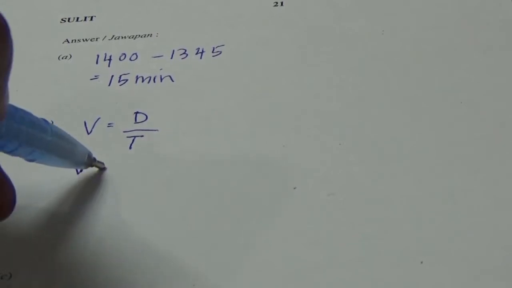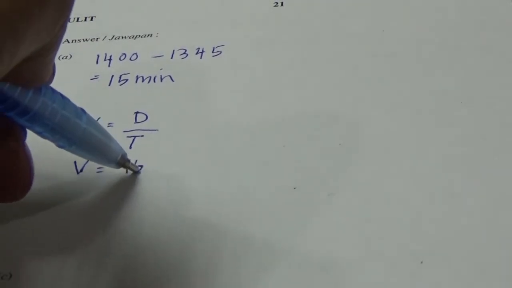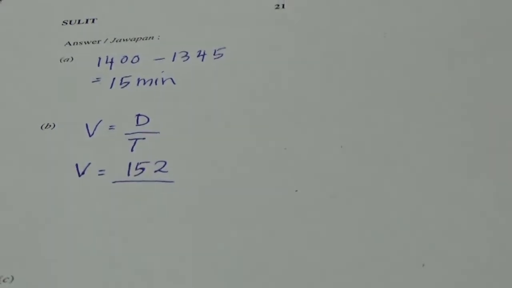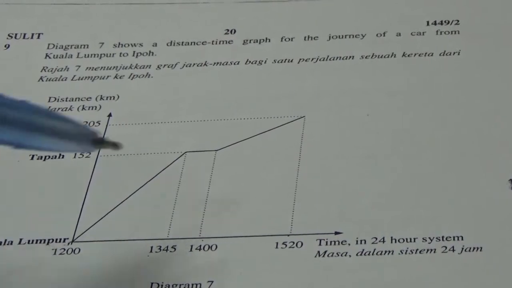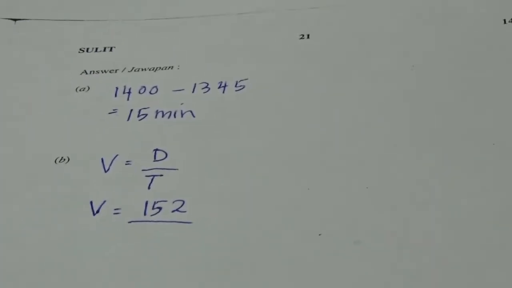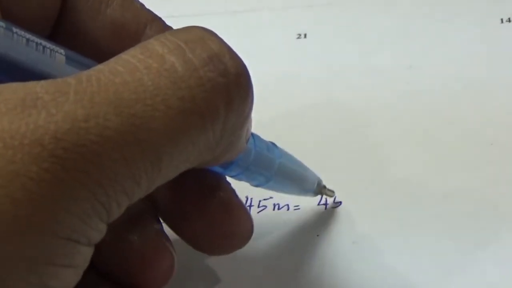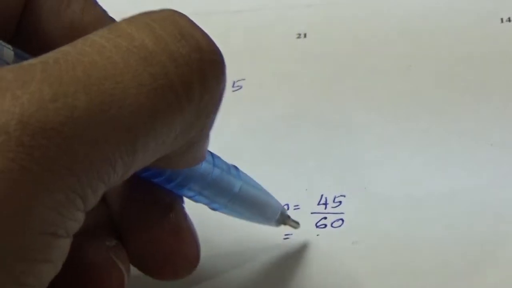So the speed from Kuala Lumpur to Tapah would be 152 kilometers divided by 1 hour 45 minutes, because the driver left at 12 and reached Tapah at 1:45. So the time would be 1 hour 45 minutes. 45 minutes is equivalent to 45 over 60, which means 0.75 hours.